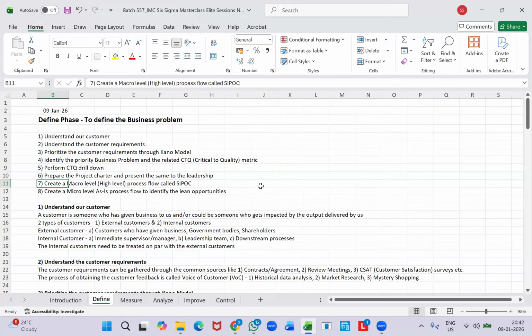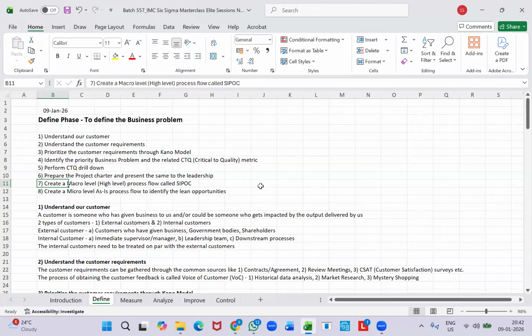So yesterday itself we had a brief discussion as to what is called an as-is process flow. So as-is process flow is nothing but the depiction of the process as it is being executed in the shop floor. But the process that is depicted in the process document will be called the ideal process flow. So obviously the ideal process flow is the one which should be executed in the shop floor.